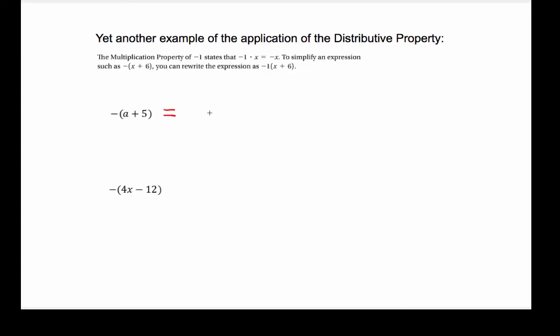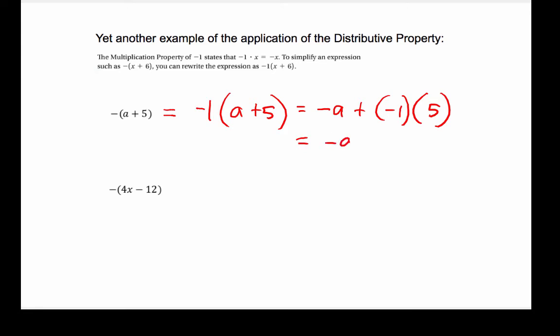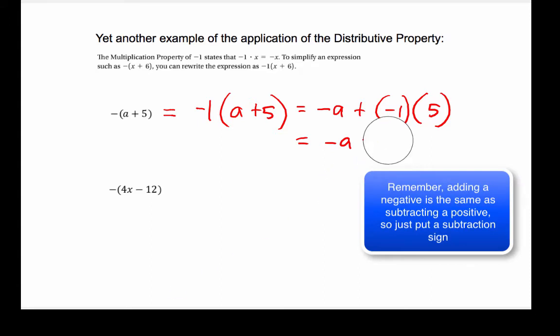By this rule, we just distribute the negative, or think of it as -1 times the quantity a plus 5. -1 times a is negative a, plus -1 times 5. We have negative a. -1 times 5 is a negative 5. We're going to add a negative 5, but rather than putting plus minus 5, we don't want that. So we'll put minus 5.